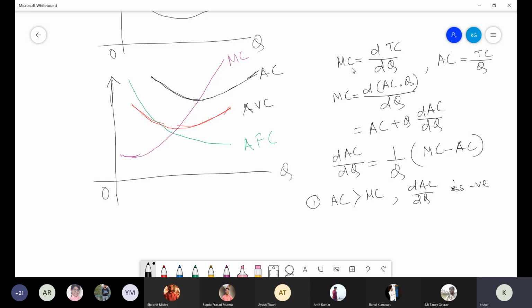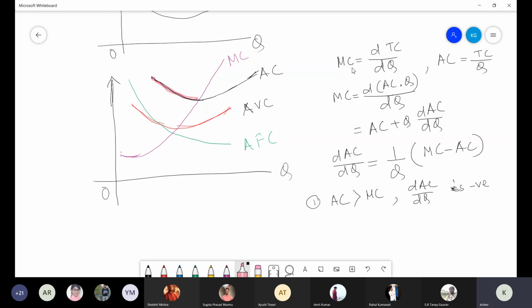The slope is negative. You see here, up to this portion, what is happening? Up to this portion, the slope of average cost is negative because here the AC value is higher than the MC value. Anywhere up to this point, you can see this is your MC value.